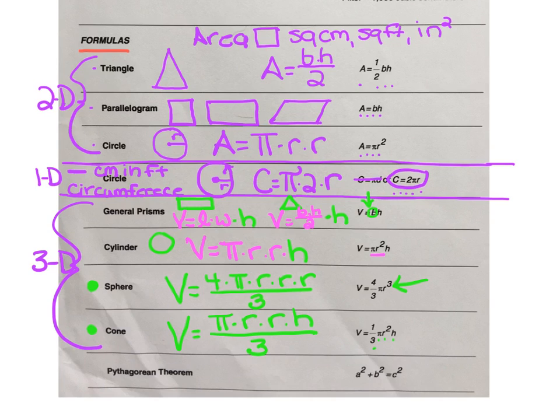Now keep track of your formula sheets. And remember, volume is a measurement of space. When we measure space, we use cubic units. They look something like this.